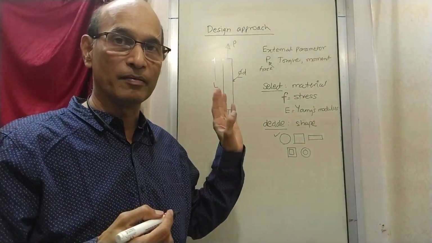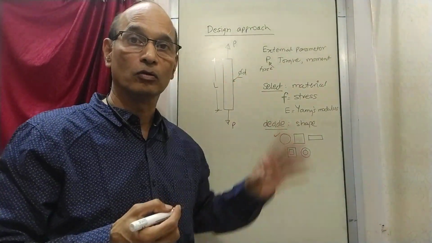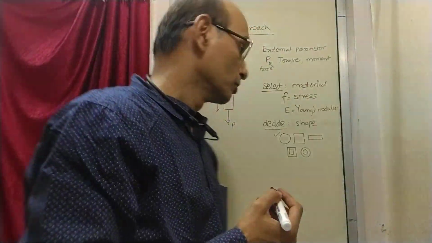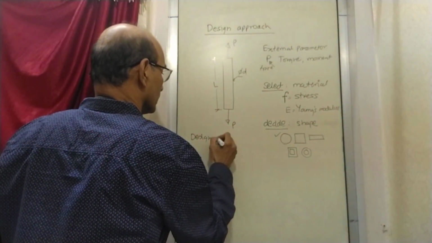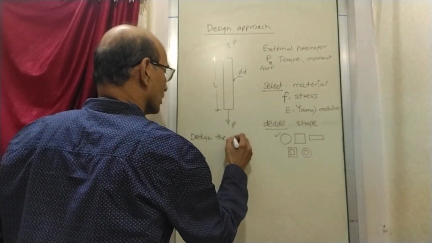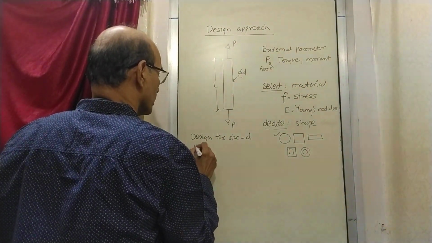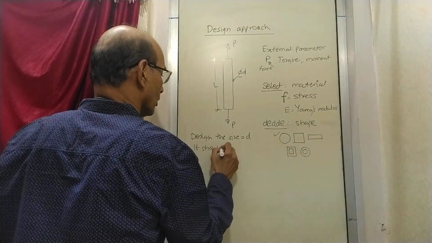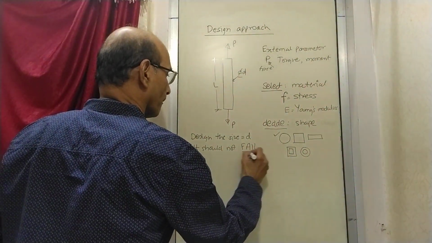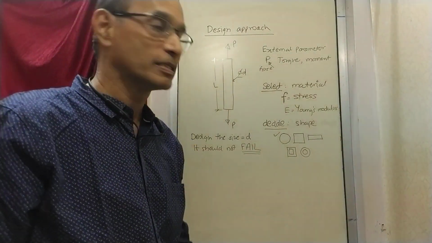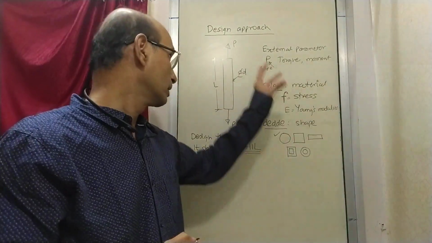So you have to decide the size D in such a way that it will not fail. Design the size D so that it will not fail and it will take the load.